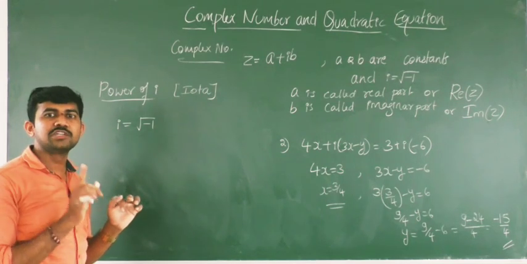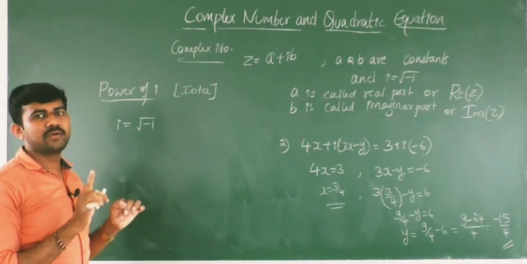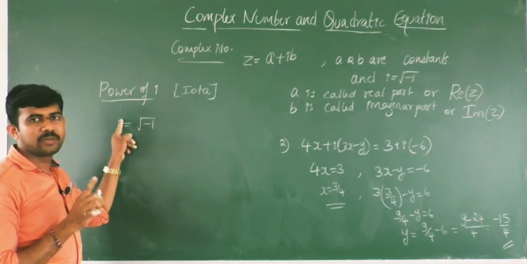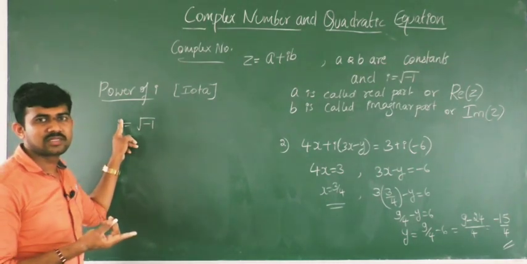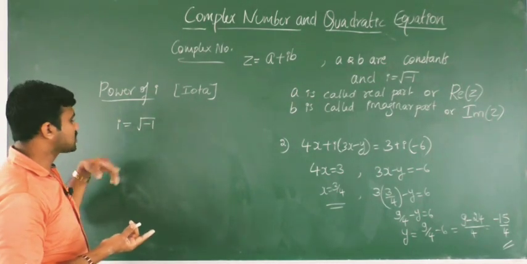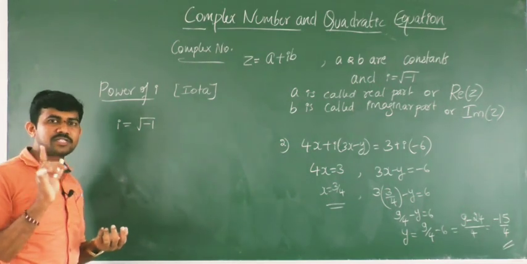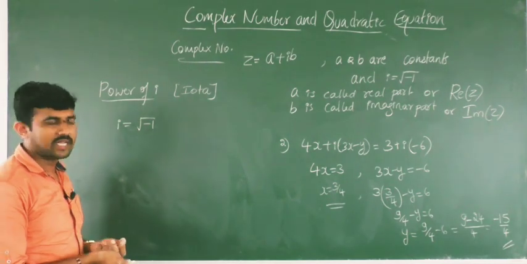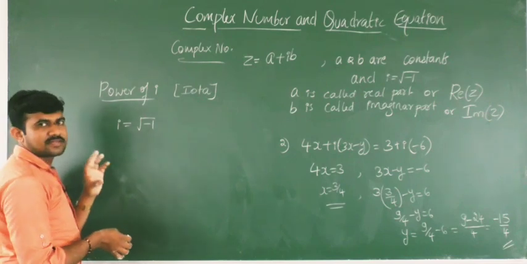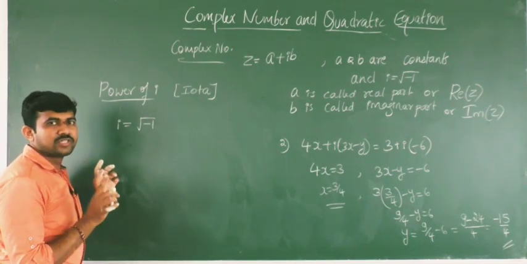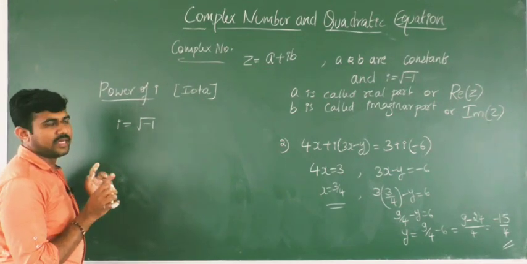The powers should be positive integers or natural numbers or 0. i to the power 0: any number whose power is 0 has value 1. So like that we can consider one case, but generally positive integral powers should be there for i.